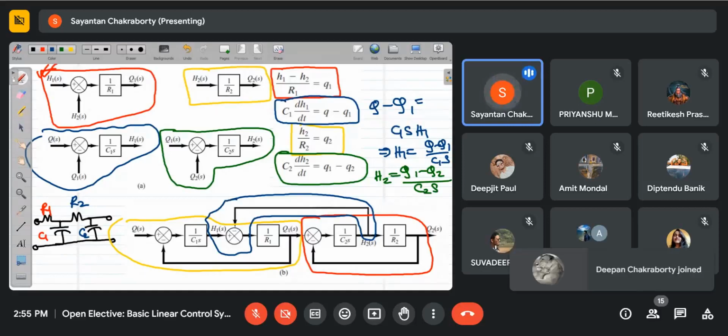Because of the presence of this takeoff point and this summing point, you cannot simply reduce this loop and this loop. So, to be able to reduce these two loops individually, we have to recast it in a form like this.